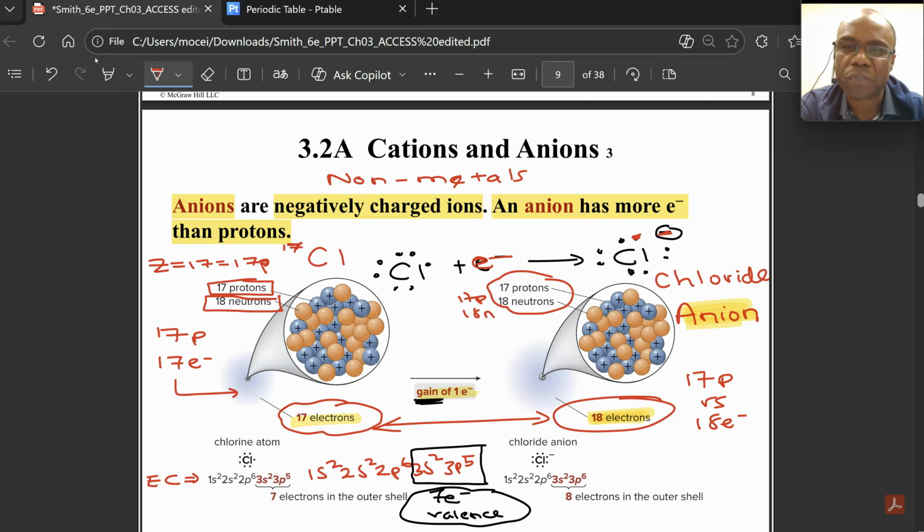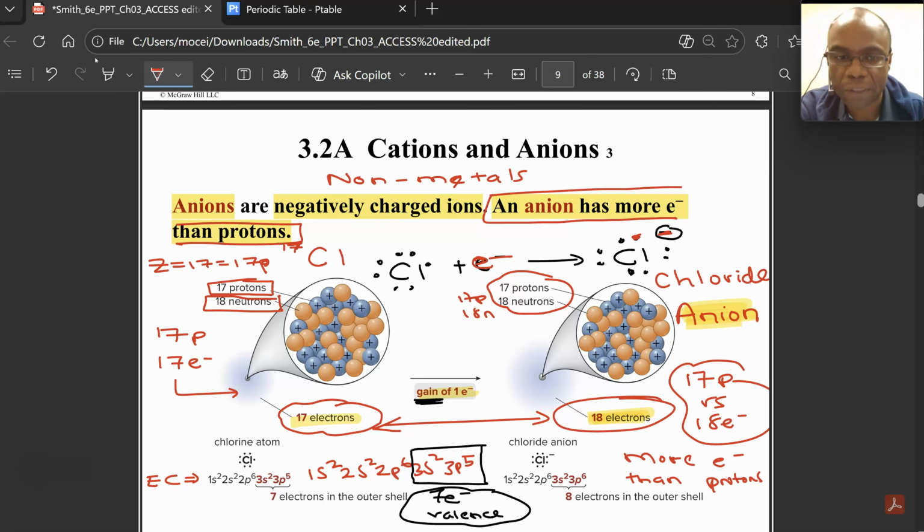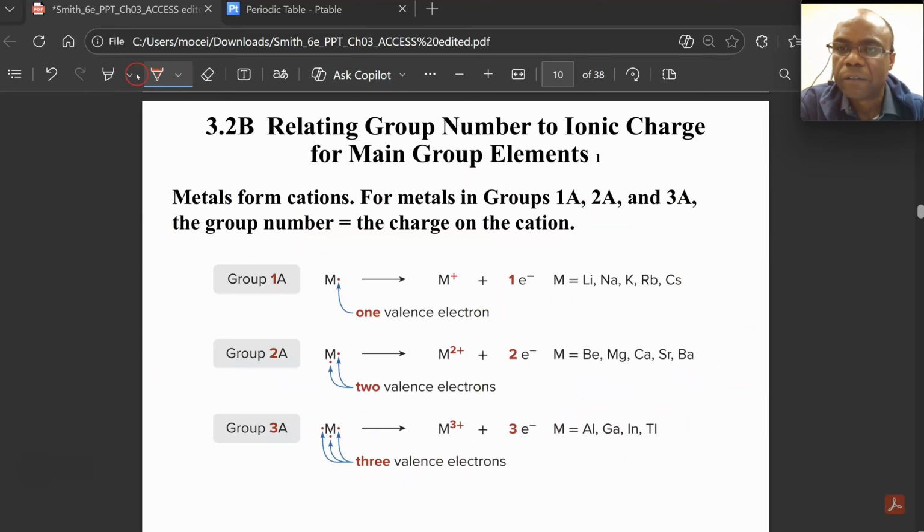So it's true to say that anions will always have more electrons than protons. Now in this part, let us relate group number to ionic charge for the main group elements.